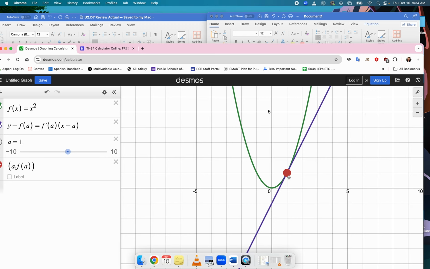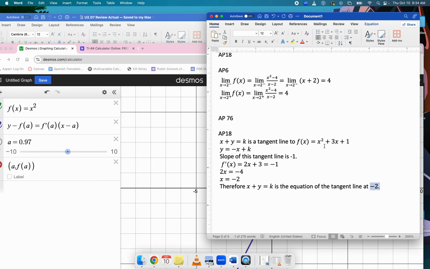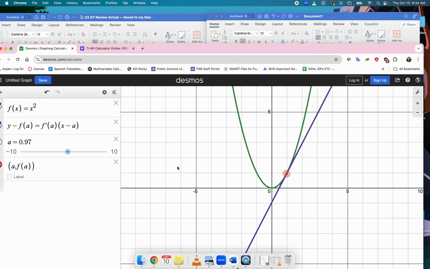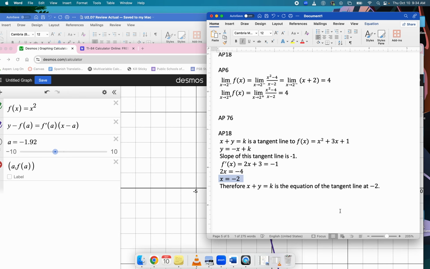They've got the same y coordinate at that moment. So I already know that this is the tangent line at x equals -2, so the original function and the tangent line have the same value at -2. And that's what I'm going to use to find k, right?